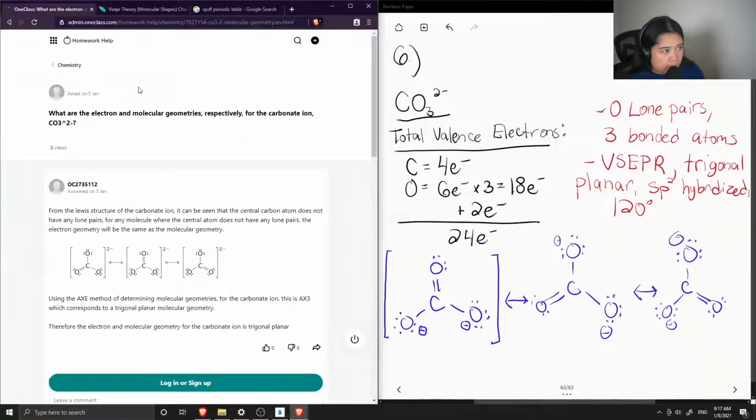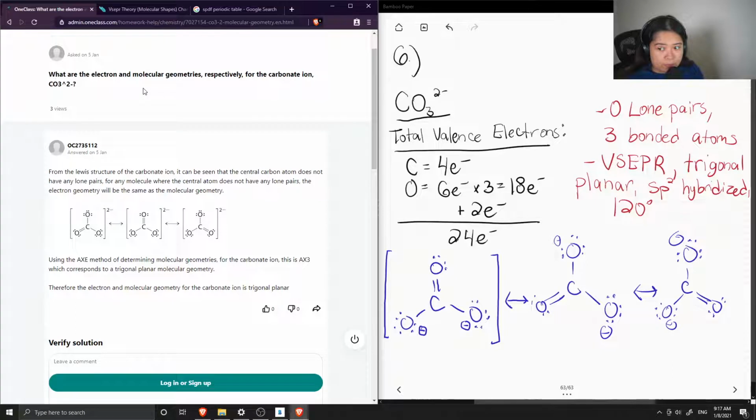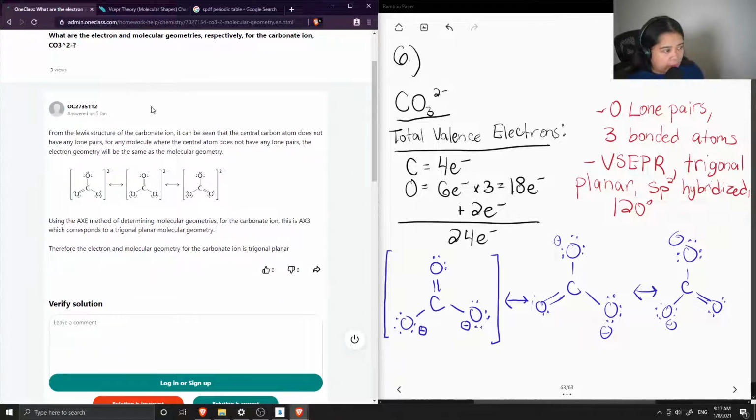Okay, so let's see what the junior tutor said. From the Lewis structure of the carbonate ion, it can be seen that the central carbon atom does not have any lone pairs. For any molecule where the central atom does not have any lone pairs, the electron geometry will be the same as the molecular geometry. So then they drew out all the Lewis structures.